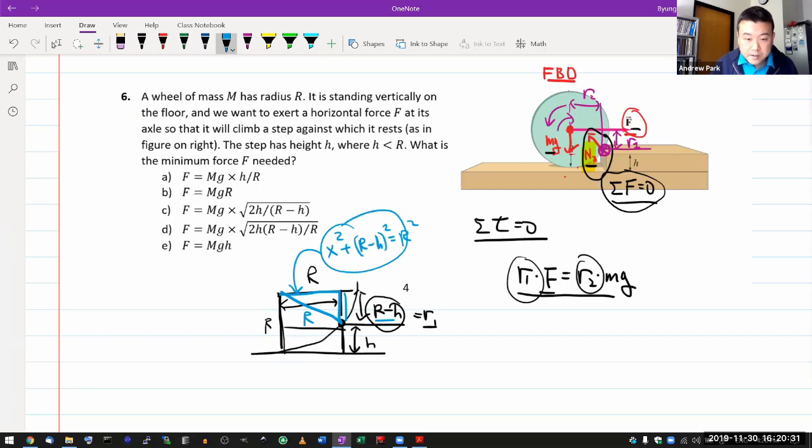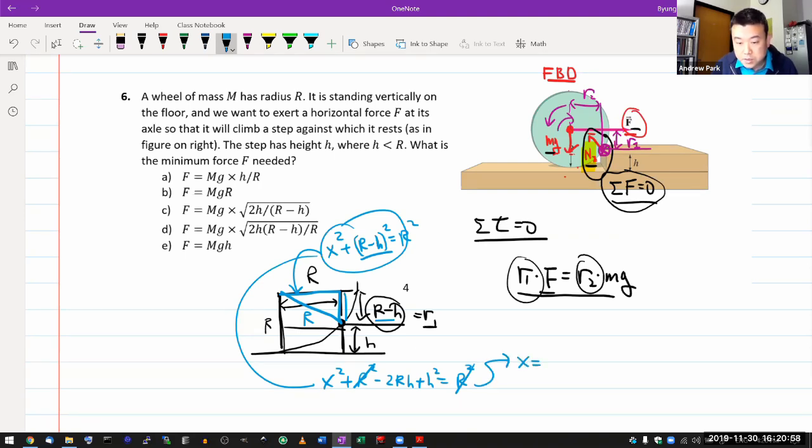And when you work out this algebra, it's simpler than I might be afraid that it is. So it's X squared plus, let me expand this out, R squared minus 2RH plus H squared is equal to R squared. So you see that the R squareds cancel out, and you can get a reasonably simple expression for X, which is the square root of 2RH minus H squared. So that's the lever arm for gravity, or R2.